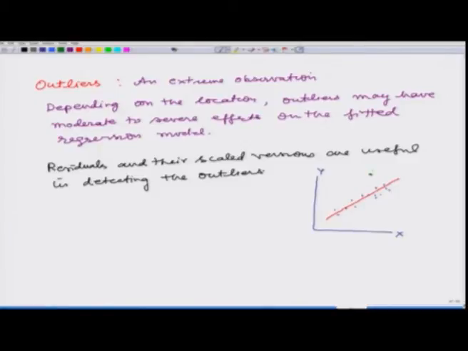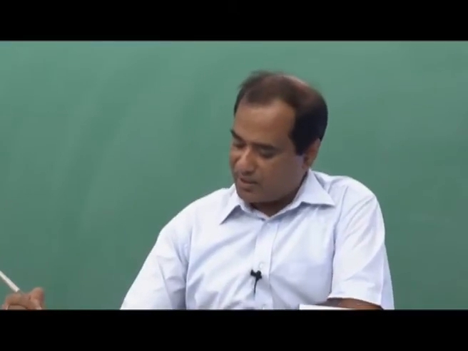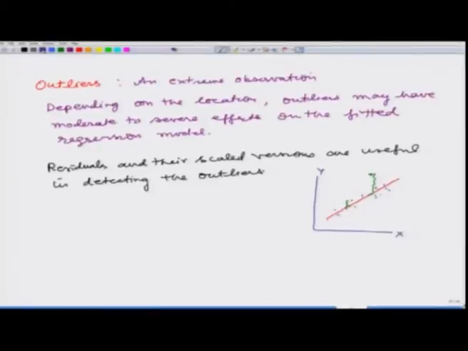So, now we try to find out the difference between the observed value of y and the fitted value of y. So, one can observe here that for these points the residuals are going to be quite small, whereas for this observation the residual is going to be quite large. So, looking at these two residuals, one can say that in case an observation is an outlier, then possibly the corresponding residual is going to be larger.